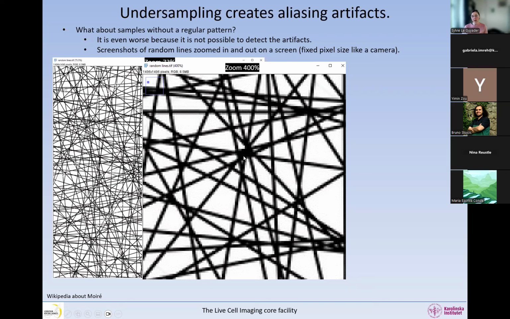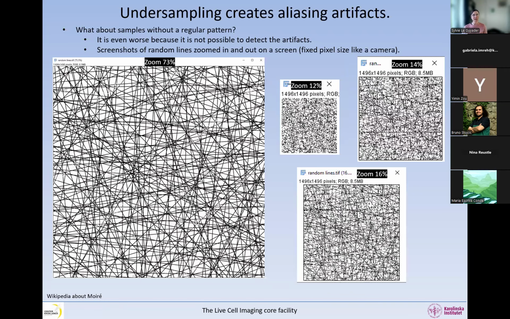But now if we zoom out, this is what we see. It's the same image, just zoomed out, screenshot. And you can see that at different zooms, so different types of undersampling, I get different images altogether. Here I hardly have any lines, and here I have some lines and some jagged lines and everything. And the results that you're getting depend on the orientation of the object.